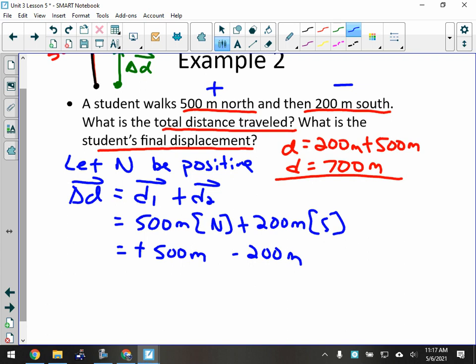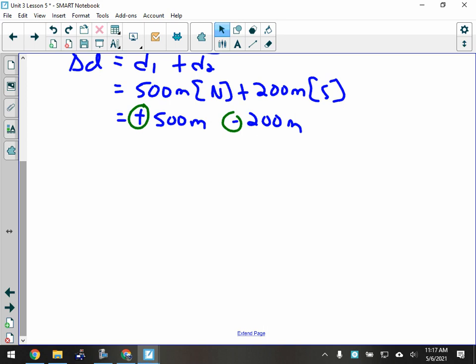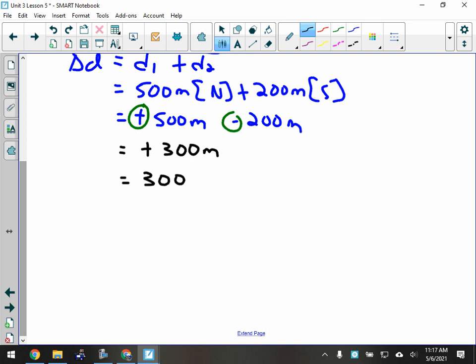Notice I kind of took the direction off, but I didn't really, because the direction is built into this right here and here. That's the direction still. I just chose not to use north and south. I'm using a positive and a negative. If I add these two together, I get a what? Positive 300 meters, yes? And a positive, of course, is 300 meters north. So that's where I would end up. That is my displacement. Questions, anyone? Yes, no?